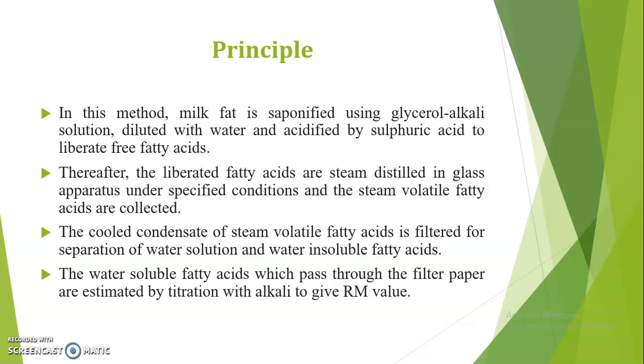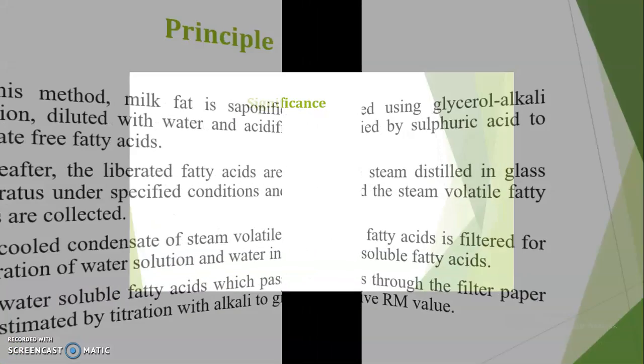At the end of the titration, with the help of phenolphthalein as indicator, we are going to determine the end point, because phenolphthalein in acidic condition will show a different color, and in basic condition it will show the pink color. So with the help of this, we can carry out the determination of the Reichert Meissl value.